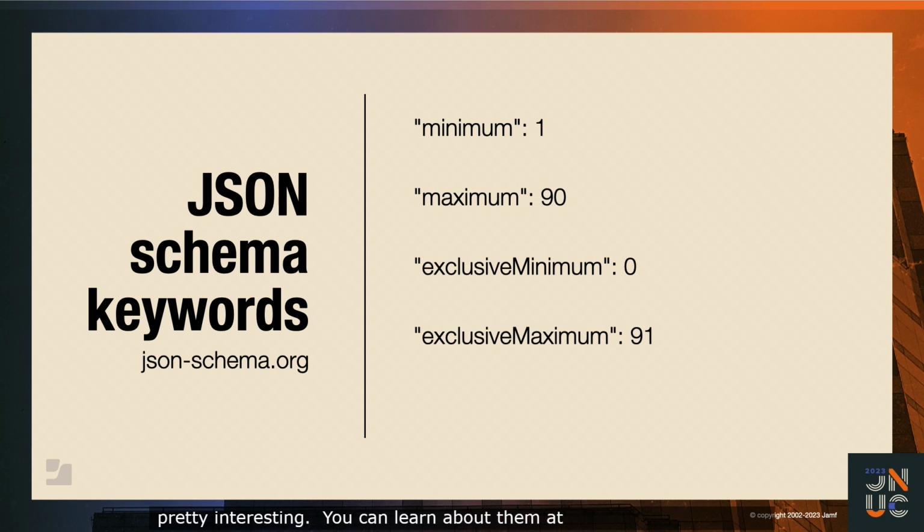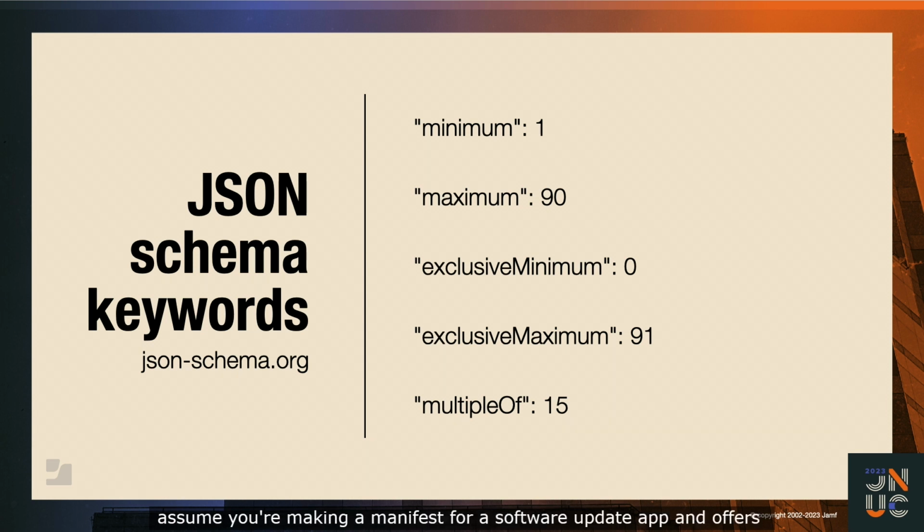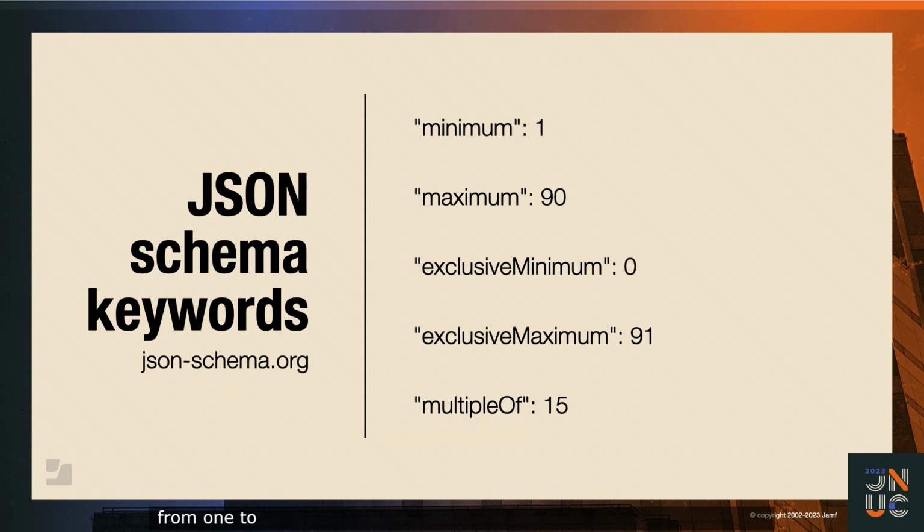Now, these keywords all apply to just integers. Let's assume you're making a manifest for a software update app, and it offers the ability to set a deadline. And one of its options might be anywhere from 1 to 90 days. I can set the minimum value to 1 and the maximum value to 90, to prevent creating a profile instead that might have 365 days.